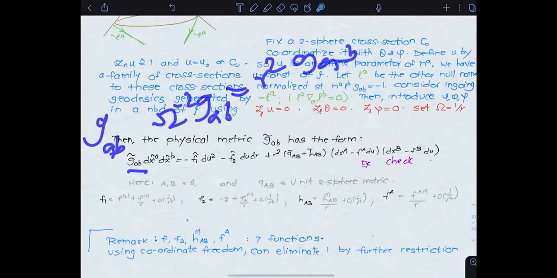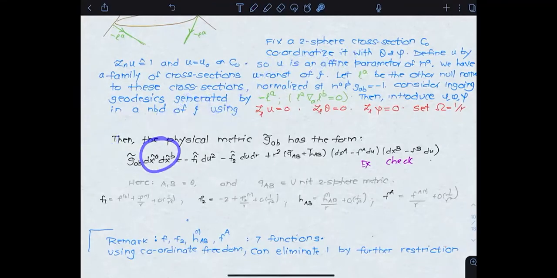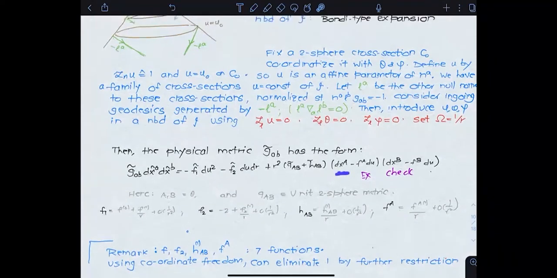And then you can check that in this coordinate system, the physical metric has the form minus du some function times du squared, another function times du dr. And then I get the other terms, where these x^A are the theta and phi coordinates. So x^A just means theta, phi.